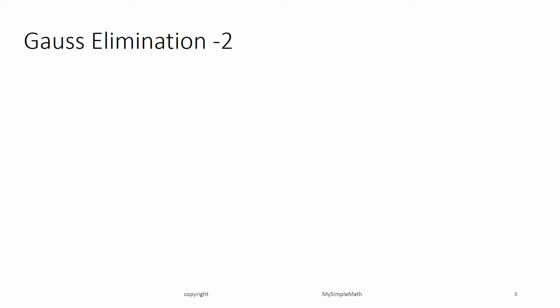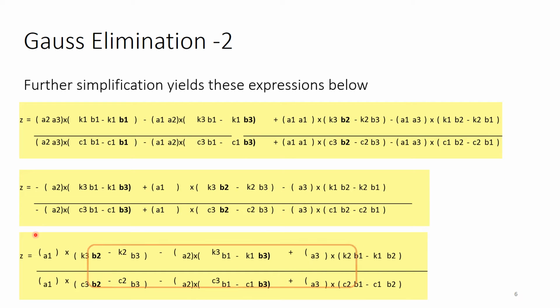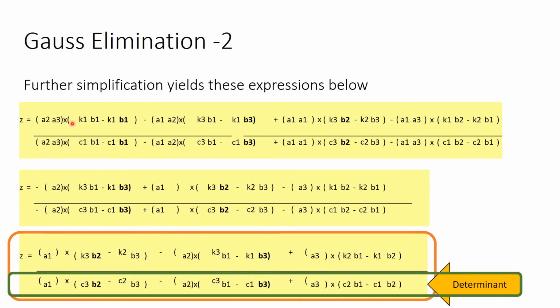Gauss elimination, the solutions continued, or the simplifications are continued. Simplifying the expression given in the earlier pages by cross multiplication, we can get the following expression for z. Note the two quantities in the numerator and the denominator, these ones, that get cancelled out in the simplification.